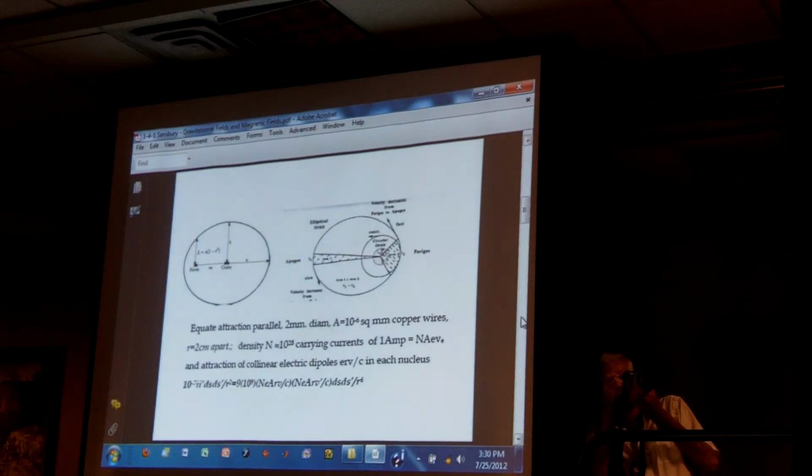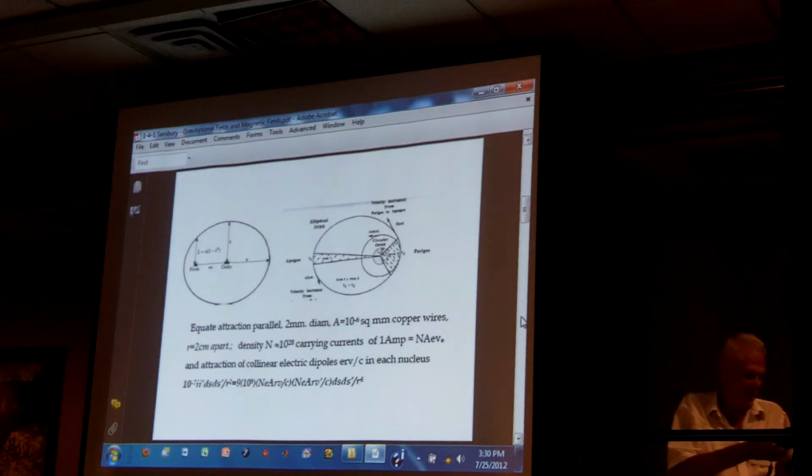And now we make this equal to an electric dipole force on the right-hand side, where you have the 9 times 10 to the 9th as the electric coefficient instead of 10 to the minus 7.